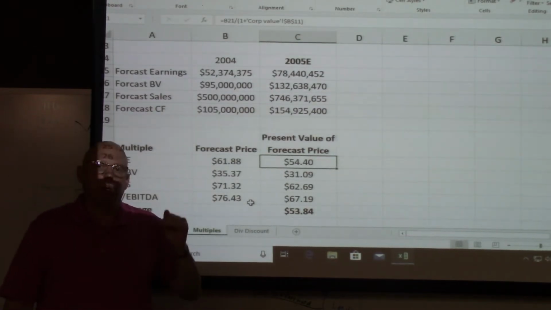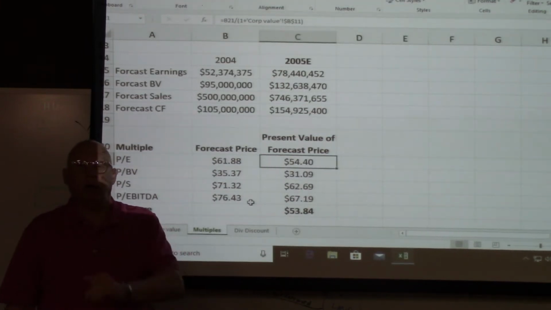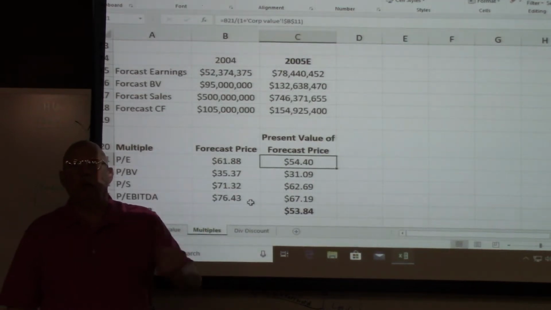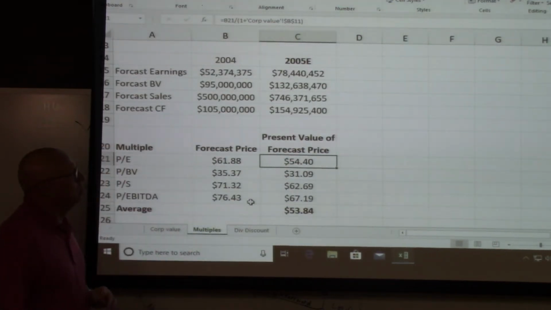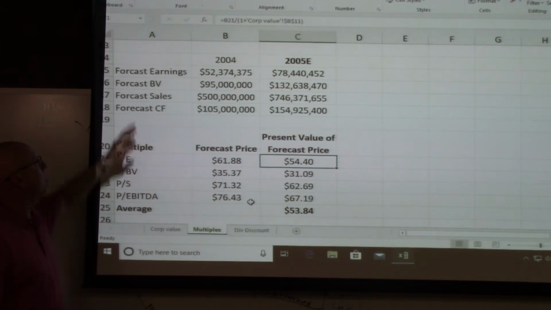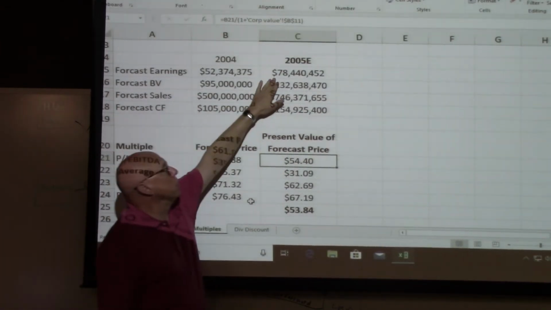Okay? So once again, what are we doing? We are multiplying the forecast multiple by the forecast fundamental to get a forecast price 1 year out, and then we're finding the present value of that using the cost of equity. And we use our CAGR of the fundamentals to forecast our fundamentals.